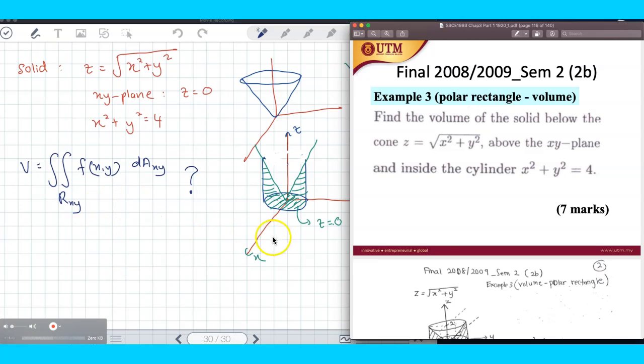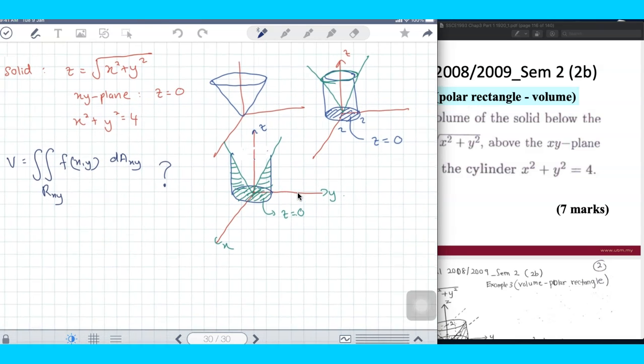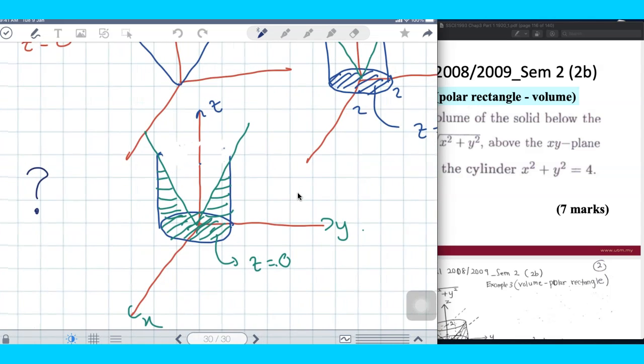Now look at your sketch here. You have this particular orientation where I have x and y, so you are standing this way, or this way, and your region is lying on the xy plane.